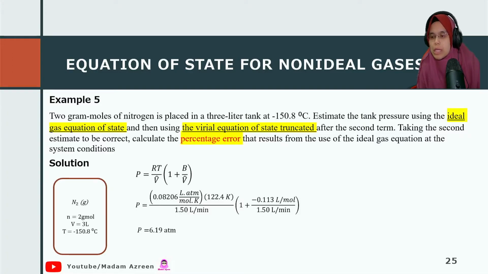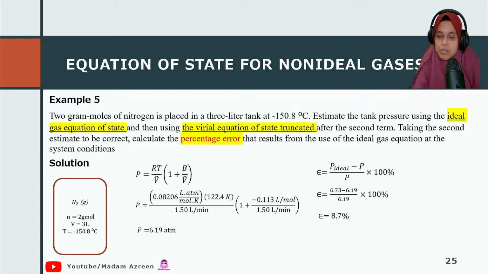Okay, and last time when you used PV equal to nRT, you got one value, and this time when you use the Virial equation of state, you get another value. So what is the percentage error between these two? To calculate the percentage error, we use this formula, which is the ideal minus the true value.